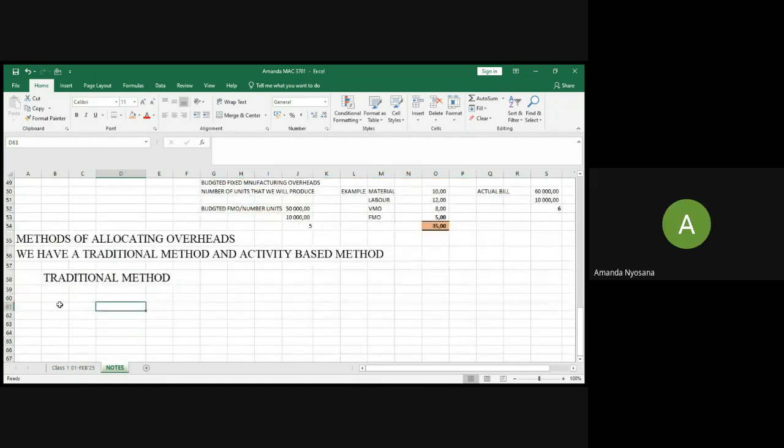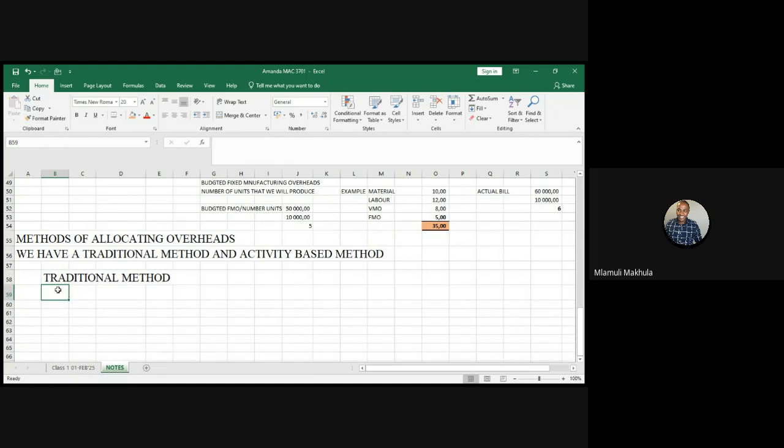It calculates the overhead allocation rate. And in our example, your overhead allocation rate is this one, the 5 rand.